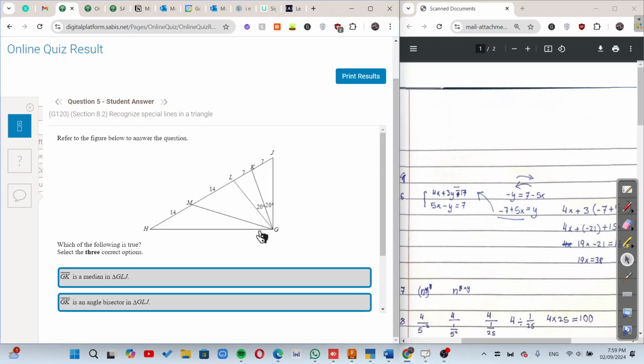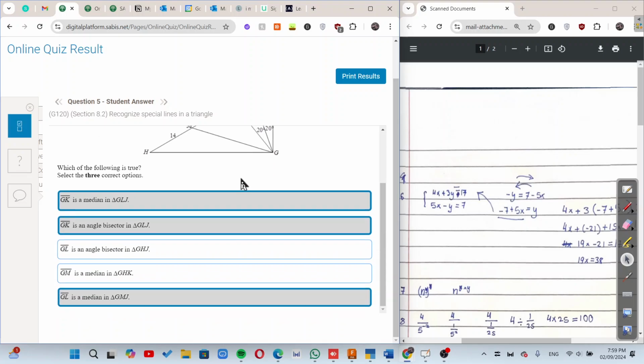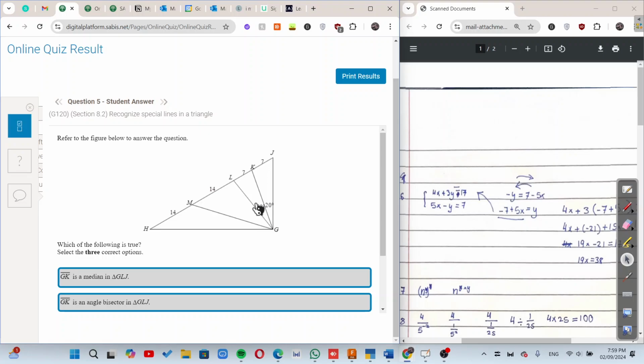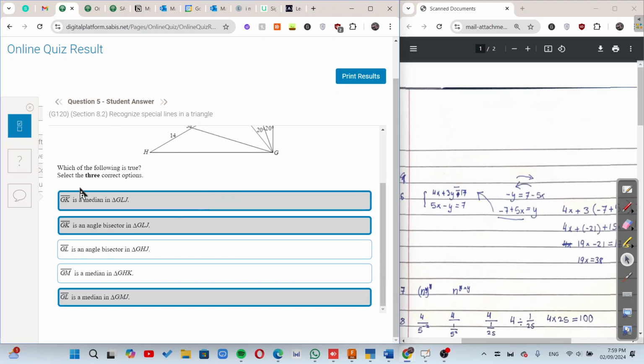No, it's not, because here you have 14 and here you have 28, so it's not a median. GL is a median in GMJ. So on this side you have 14, and when you add 7 and 7, that makes 14. So this GL is a median because it's splitting it perfectly in half.